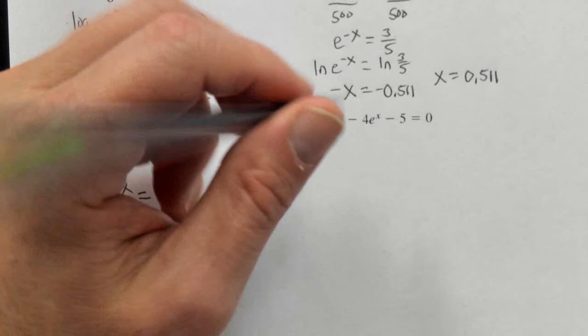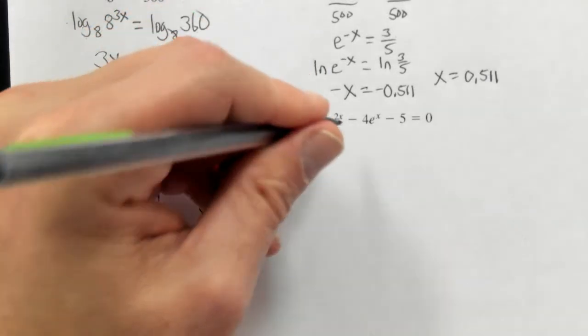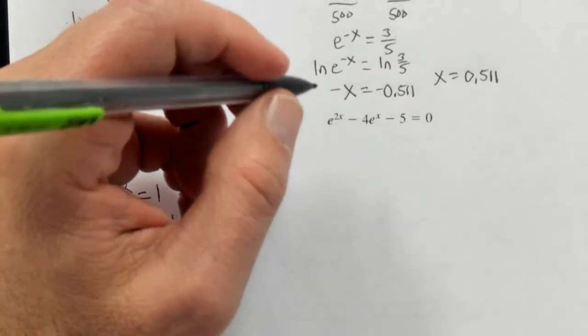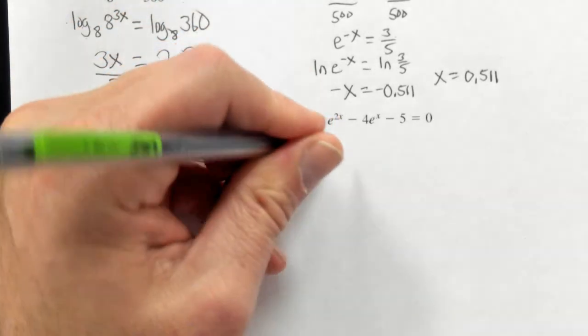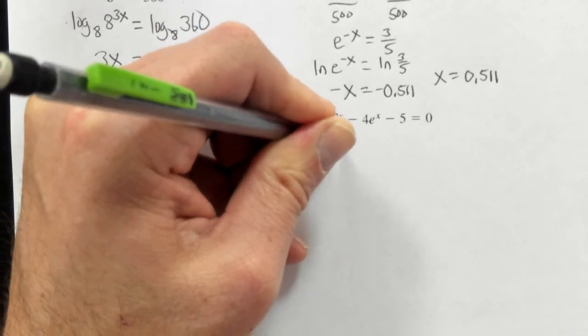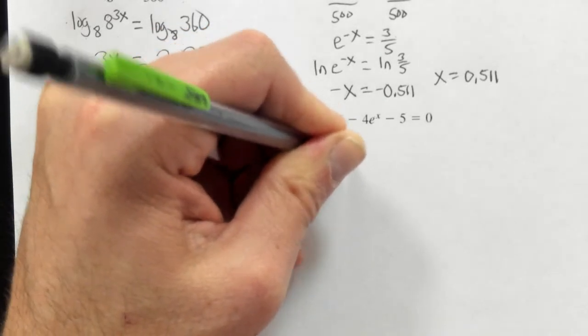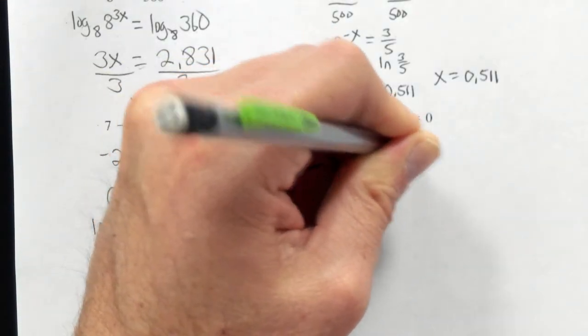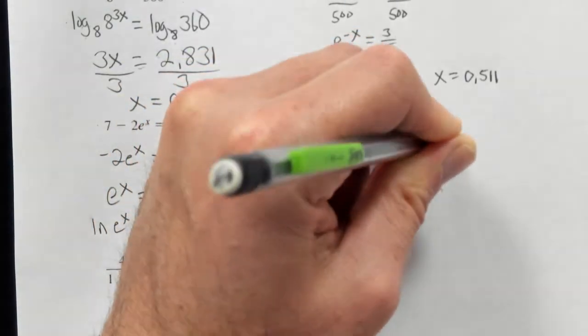So here's the strategy. What we're actually going to do is rewrite this first term in a factorable format. And here's what I mean. I'm going to change this to e to the x squared, and then we've got minus 4e to the x minus 5 equals 0.